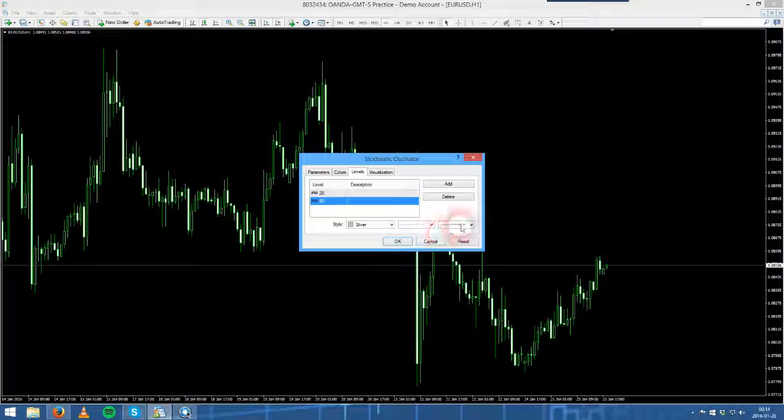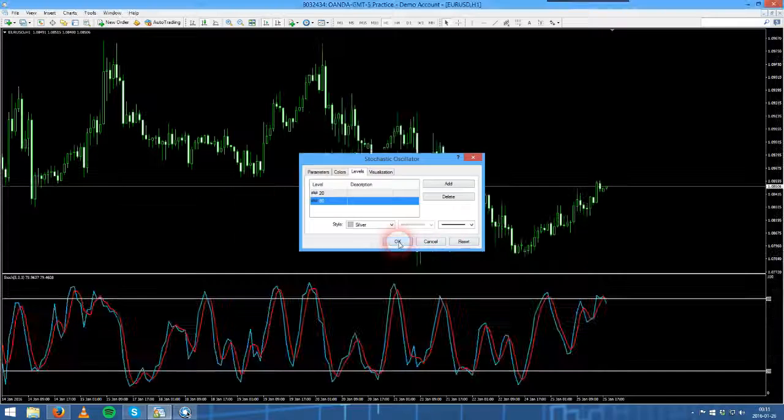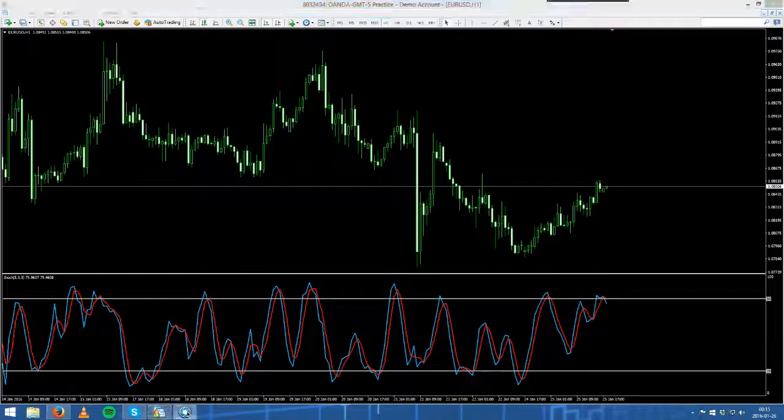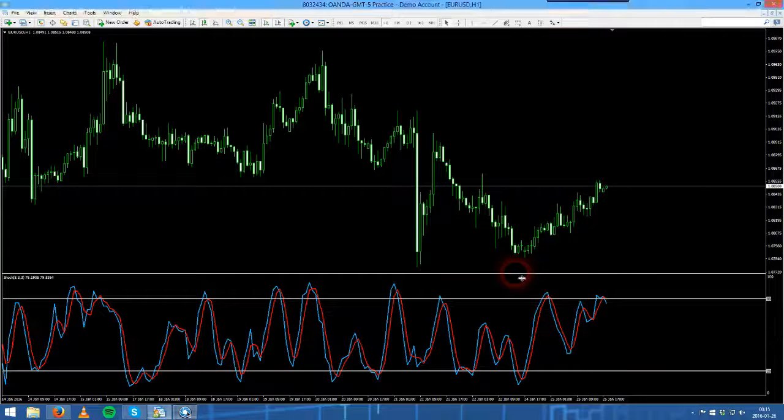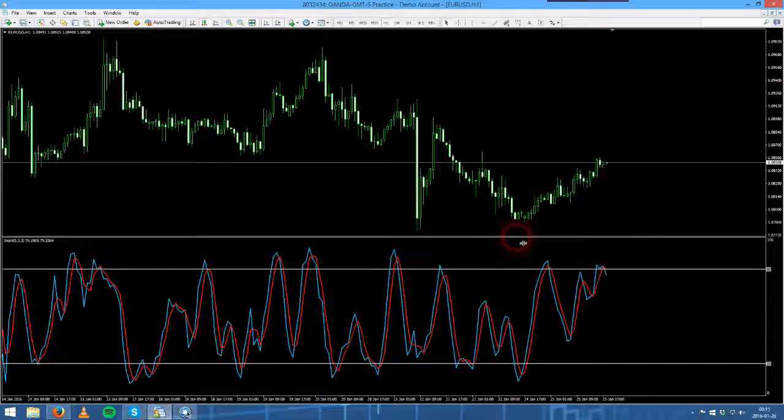We'll get to those in a moment. Okay, so this is how it looks. Let's make it a little bit bigger just so you can see. As you can see, 80 and 20. Those are the levels we chose, and the 5, 3, 3 as we set.